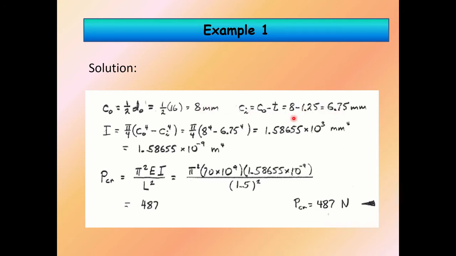Substitute these two data into the inertia formula, get the result for inertia, and substitute into the Euler formula. The result for P critical is 487 Newton.